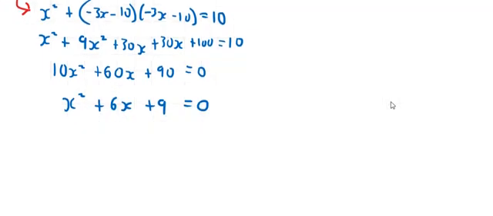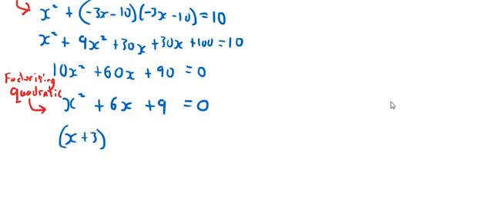Then I can just factorize it, and I'm factorizing a quadratic. If you're not sure how to factorize a quadratic, you need to go back and revise. So (x plus 3)(x plus 3) is 0.